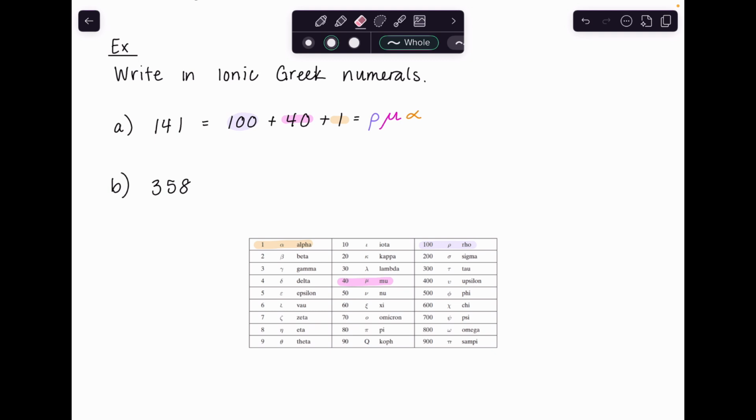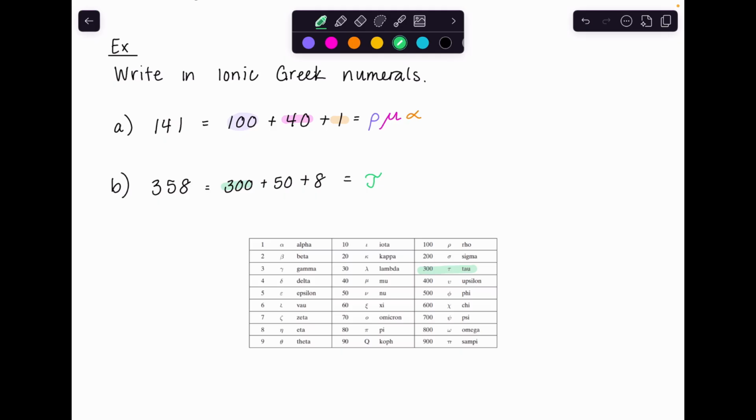Moving on to 358, again, breaking that down, you have 300 plus 50 plus 8. 300 is going to start with tau. So tau kind of looks like this. It's got a small kick at the end.